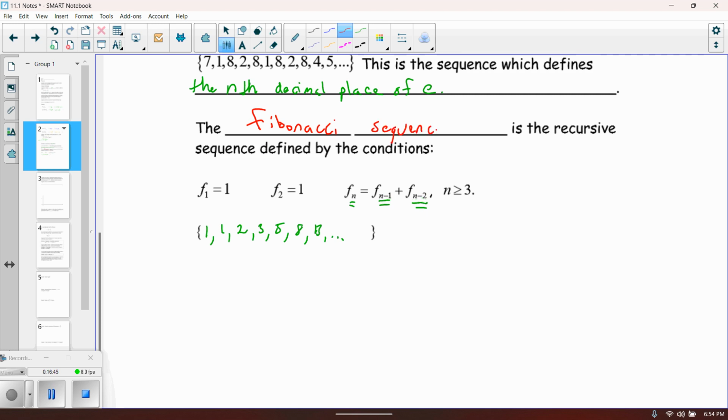And I should probably change that to a capital F out of respect because this is a person's name, Fibonacci sequence. Again, very common sequence. Not really something that we will deal with so much in this video or in these videos, but this is a very common one. All right.